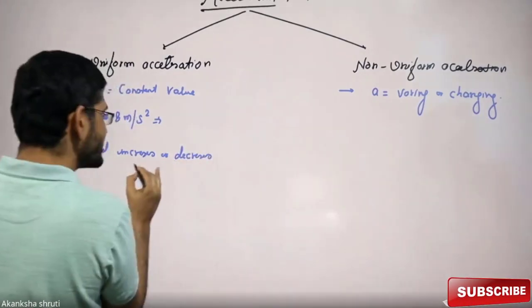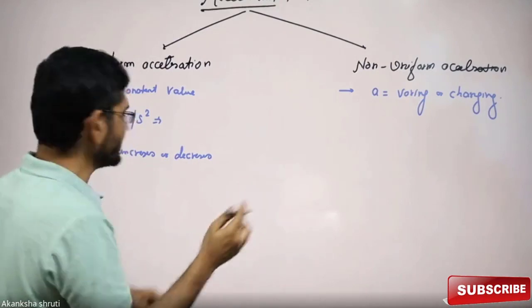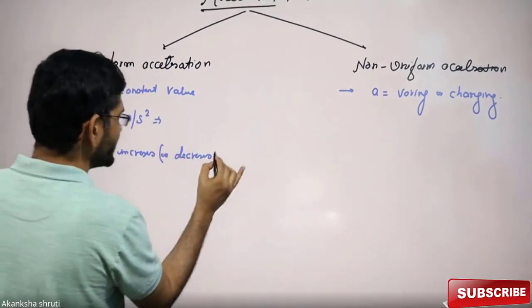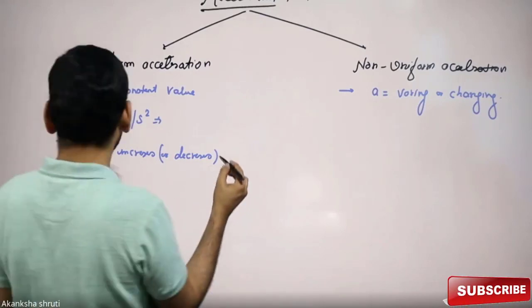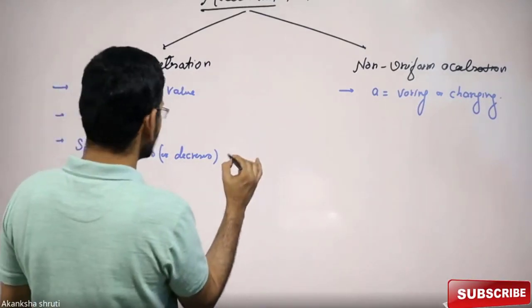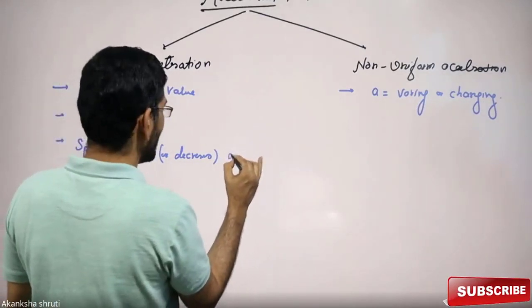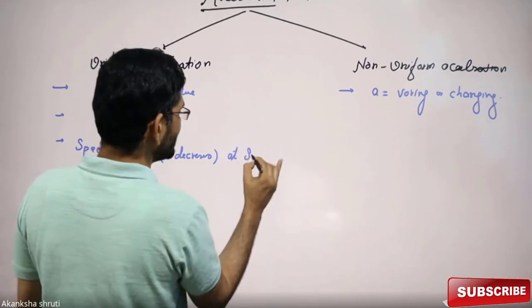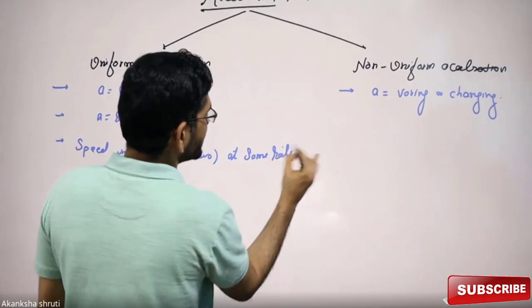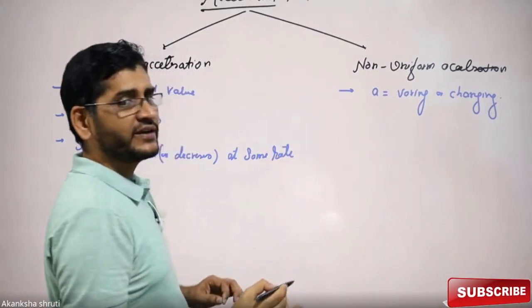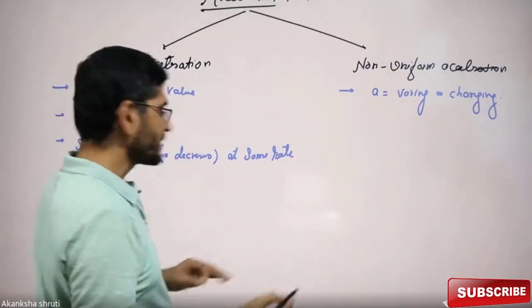Either it will increase, then it has to increase continuously, or if it is decreasing, then it has to decrease continuously. So speed increases or decreases at the same rate. Same rate means the rise of speed must be the same.